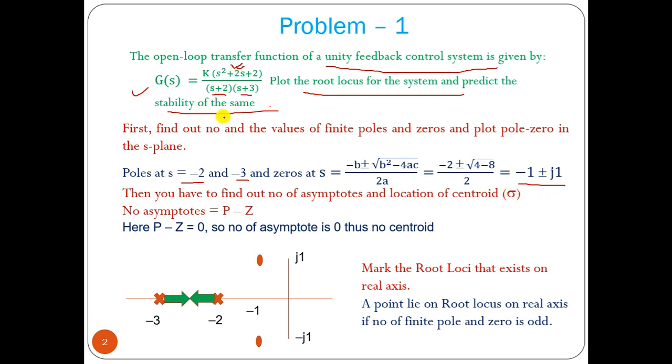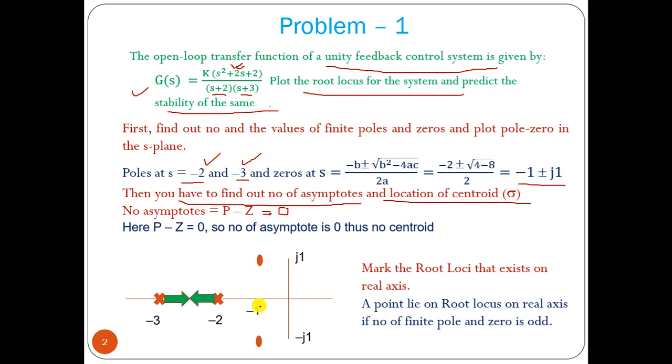In that case we don't have any asymptotes, and there should not be any location of centroid, because p minus z equals 0 here. The number of poles is 2, and the number of zeros is also 2.